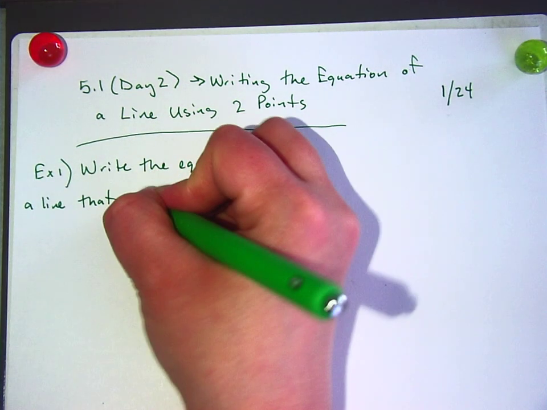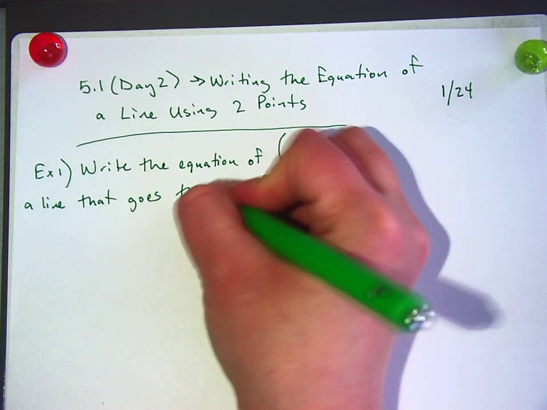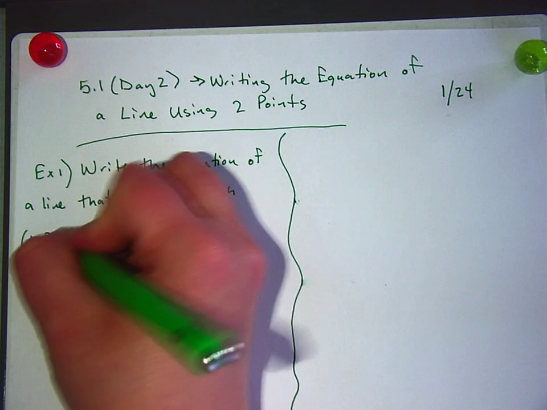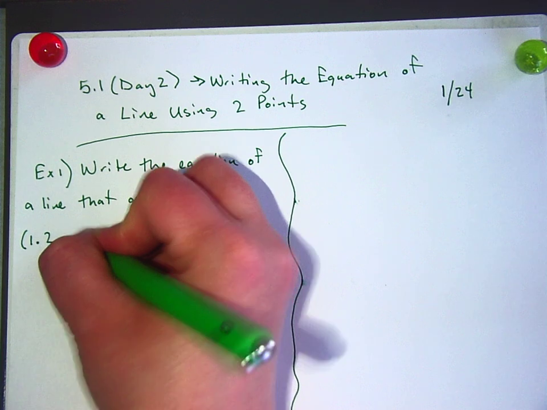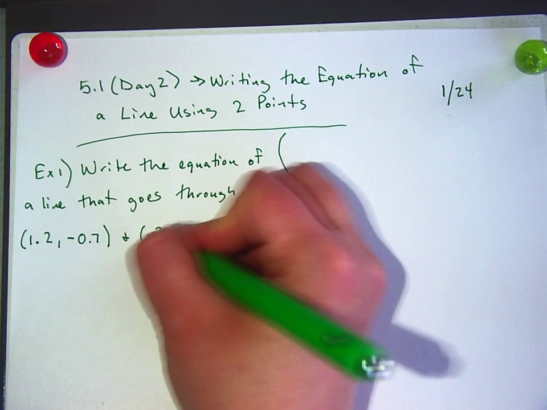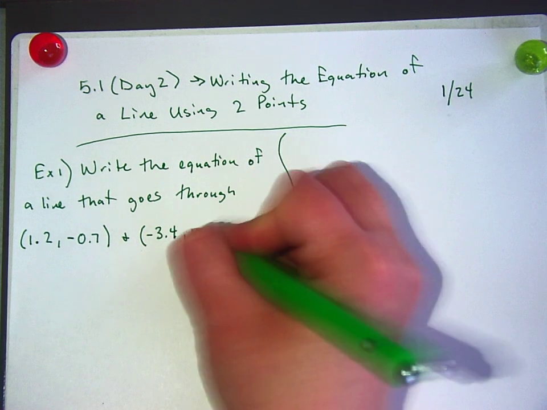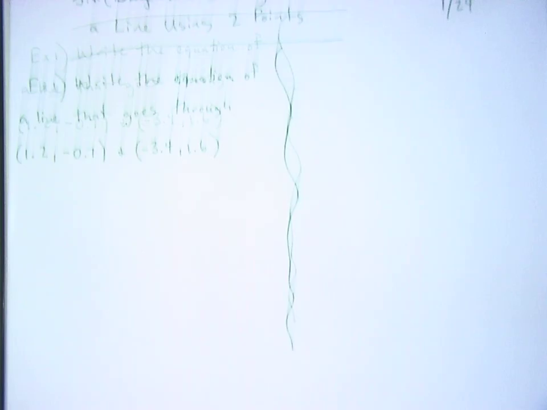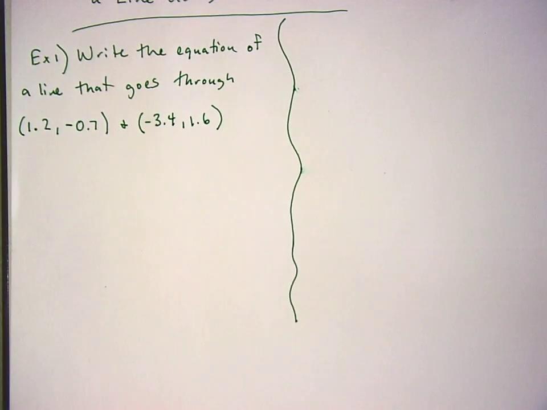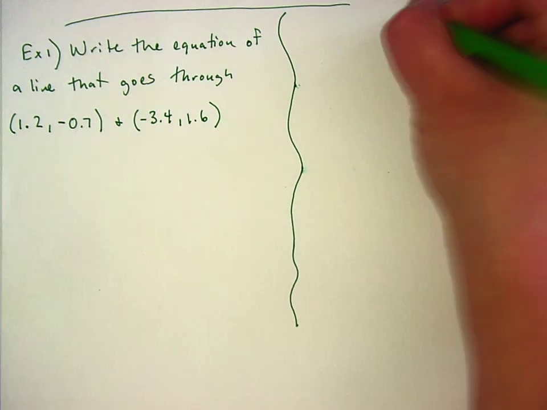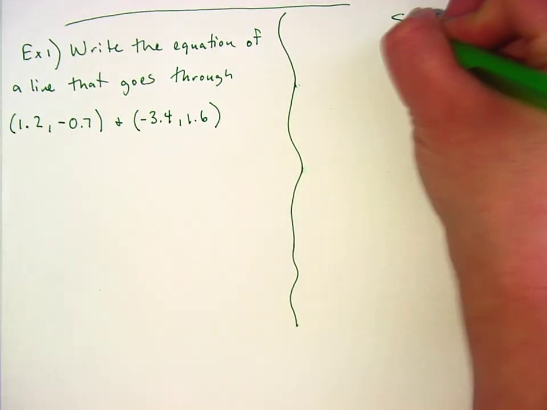That goes through (1.2, -0.7) and (-3.4, 1.6). Over here is going to be our steps.